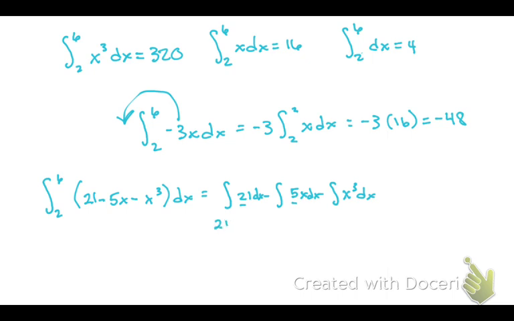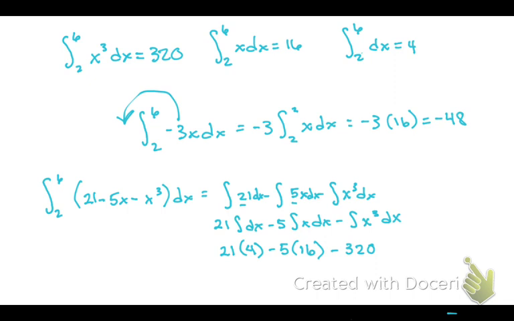So I have 21 times the integral of dx minus 5 times the integral of x dx minus the integral of x cubed dx. And you just put in the values. So I have 21 times 4 minus 5 times 16 minus 320.